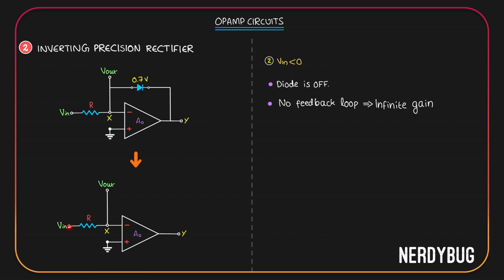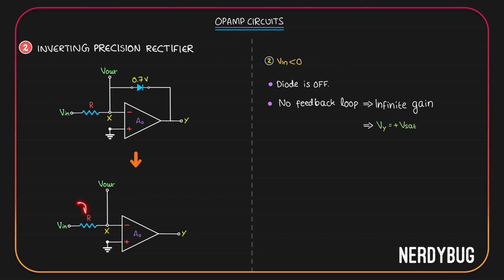We are giving a negative potential to the negative terminal. So output should be negative infinity multiplied by some negative value, which will make the output plus saturation voltage. Vy is plus Vsat.